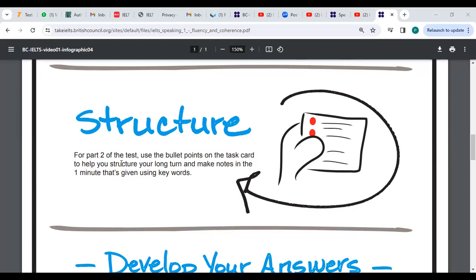Then when the examiner says, okay, now you should start speaking, he will tell you you can speak for 1 to 2 minutes, but I'm telling you, speak for more than 2 minutes. Continue speaking until you're asked to stop.